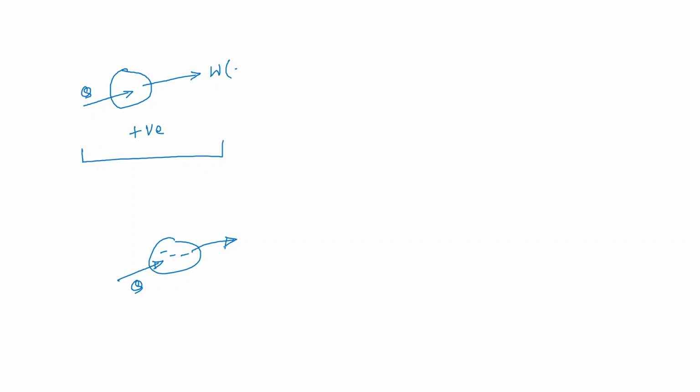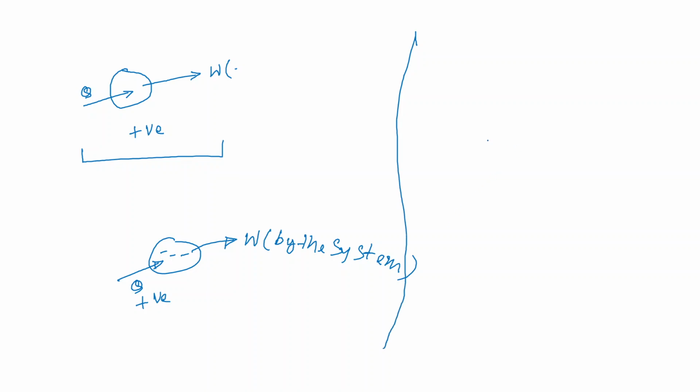This high temperature and high pressure rotates the turbine, and I am getting some work. Q is positive, and this is work done by the system.